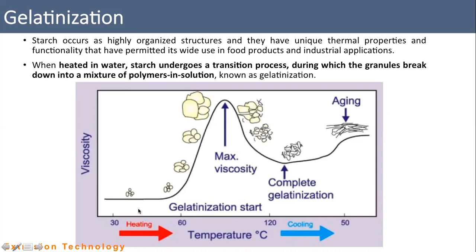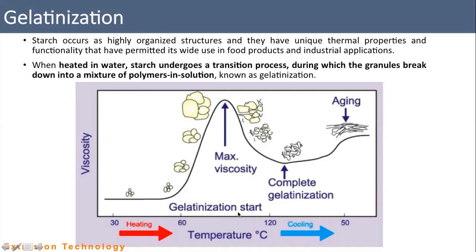Then when we increase the temperature, you can see that with the temperature the viscosity will increase from here to here. But this is the maximum viscosity level. You can see the temperature is around 80 degrees Celsius, right?